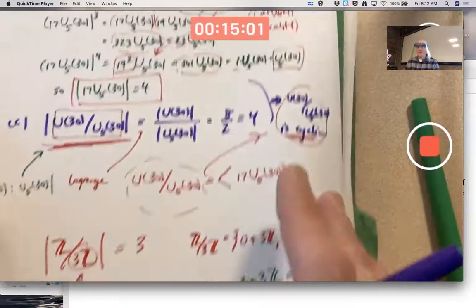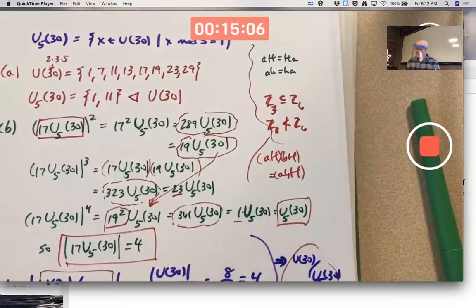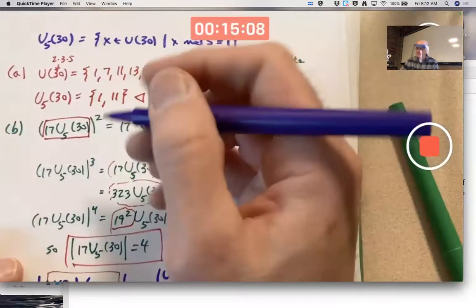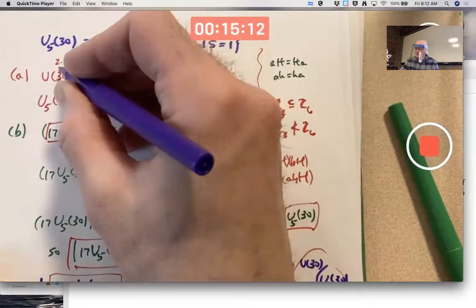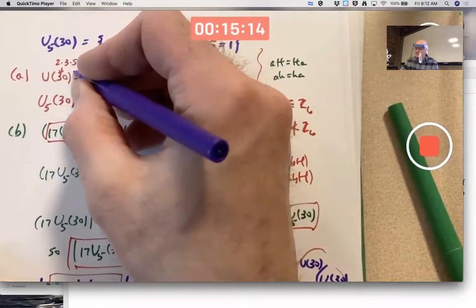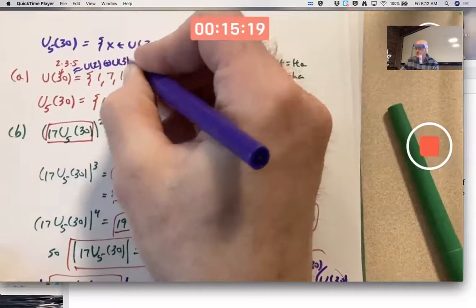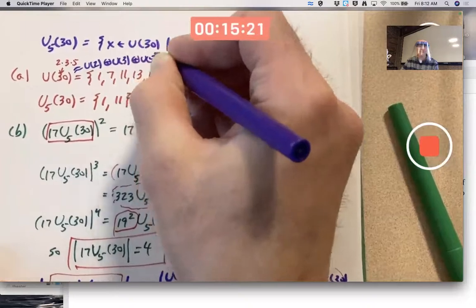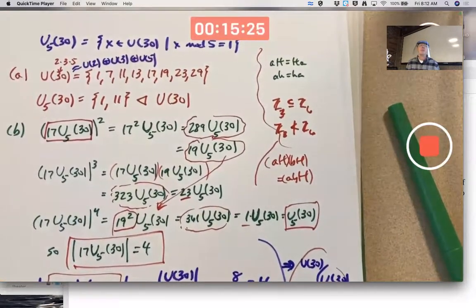Let me mention one more thing about this example. U30, according to theorems from chapter 8, is isomorphic to, well, 30 again is 2 times 3 times 5. This would be isomorphic to U2 external direct product with U3 external direct product with U5, right? Because 2, 3, and 5 are all relatively prime.